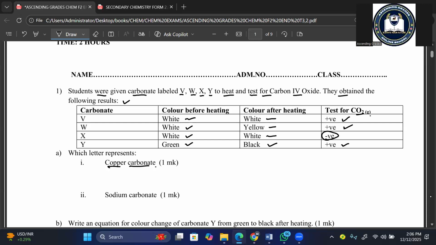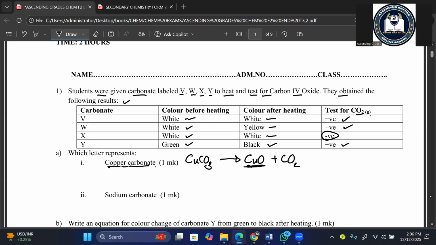So if you heat copper carbonate, we expect it to form copper (II) oxide, plus CO2.